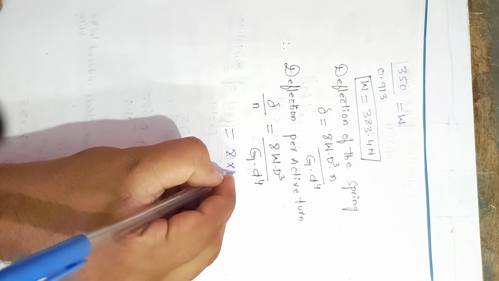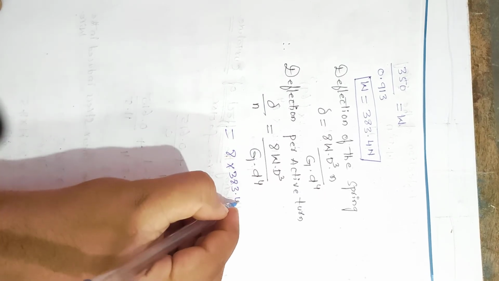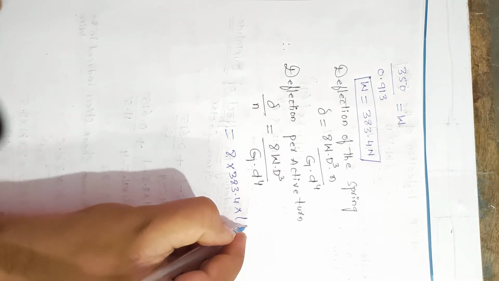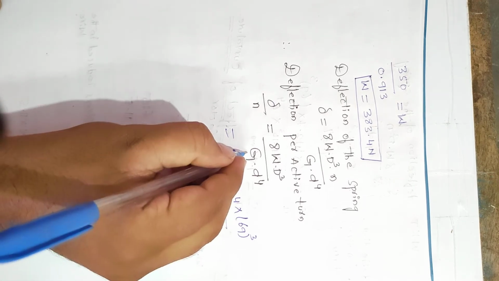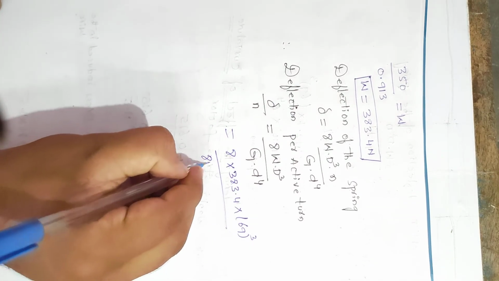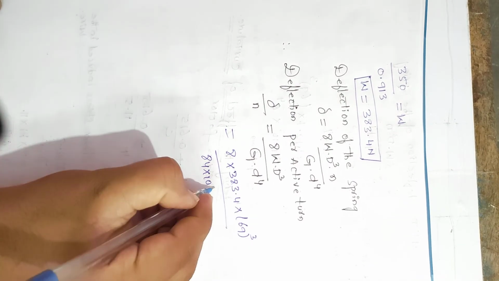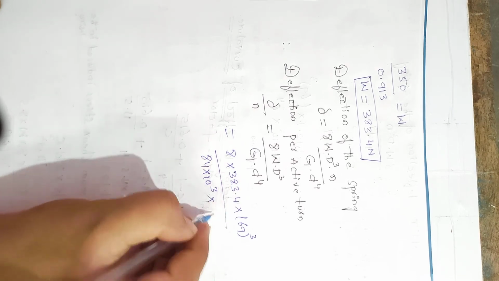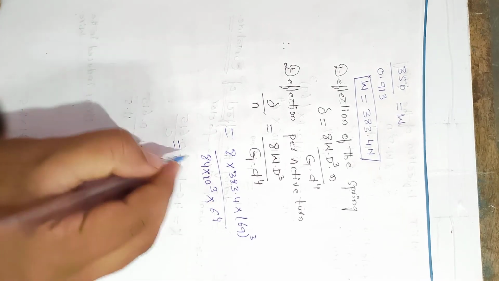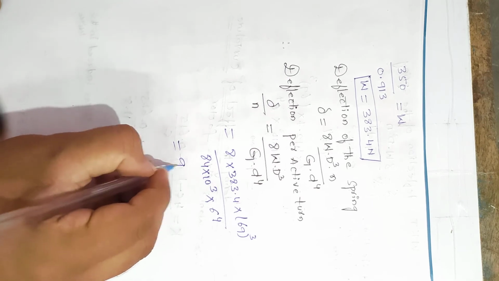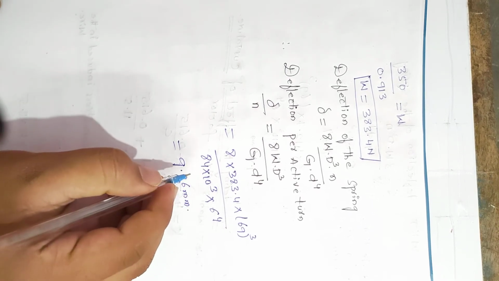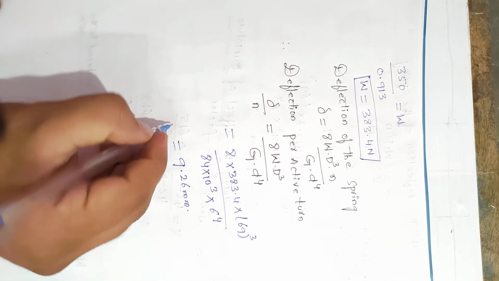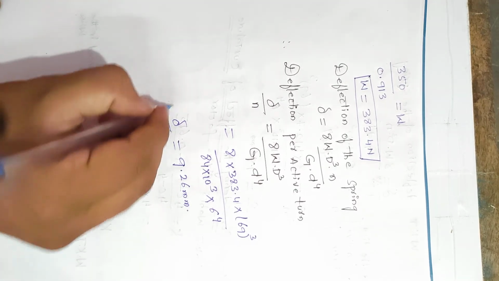What is the value of W? 383.4 into capital D value is 69 power of cube by modulus of rigidity is given as 84 into 10 power of 3, and d value is given as 6 power of 4. So if you calculate with the help of calci, then you will get the answer 9.26 mm. So that is the value of deflection per turn we solved with the help of this formula.